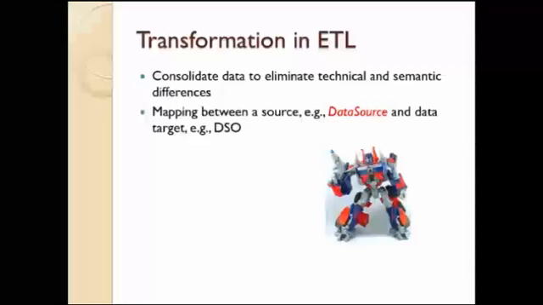So that's the purpose of the transformation layer, to eliminate any differences between data that are coming into the data warehouse. Transformation will provide a mapping between a source, such as a data source, and a data target, such as a DSO or data store object, which is an object utilized in the data storage layer, which we'll talk more about later on.